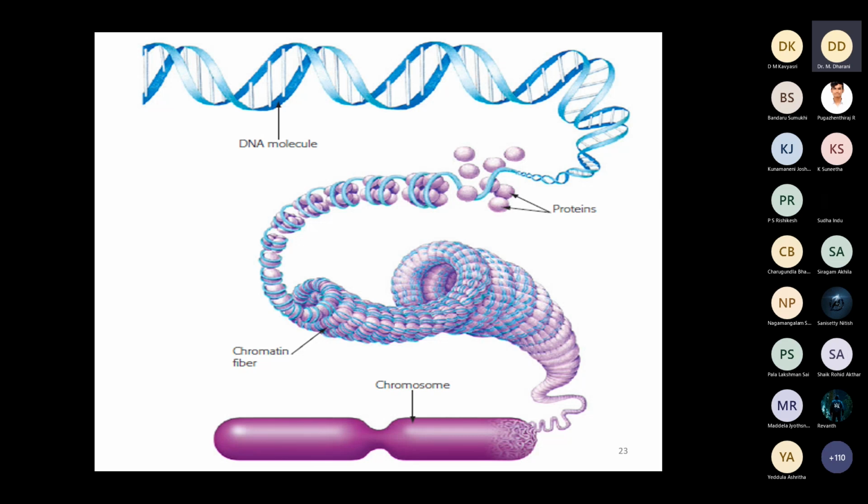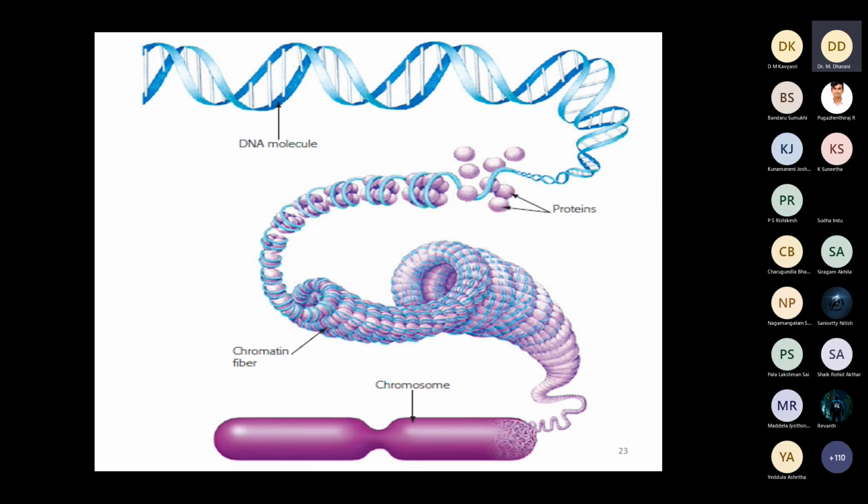See, this particular blue thing is made up of sugar and phosphate. This is the sugar phosphate backbone, as they normally say. And these stick-like structures that you are able to see are nothing but nitrogenous bases.